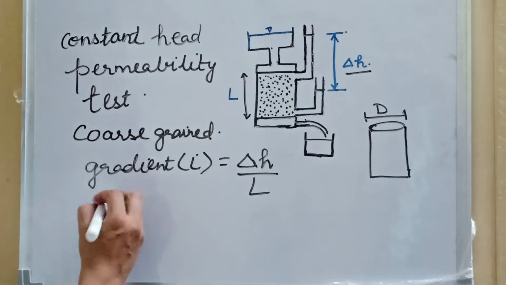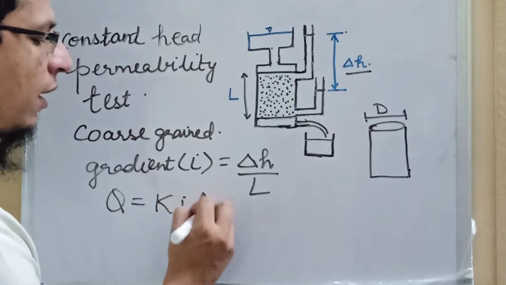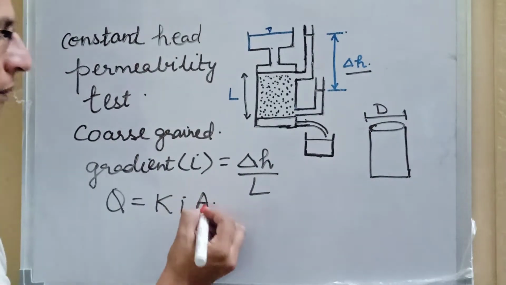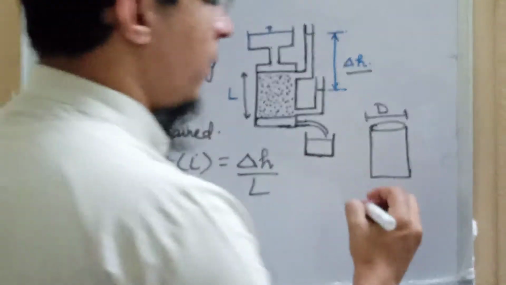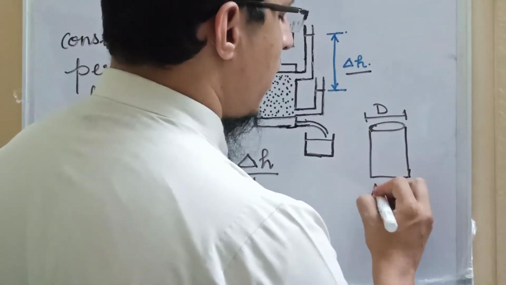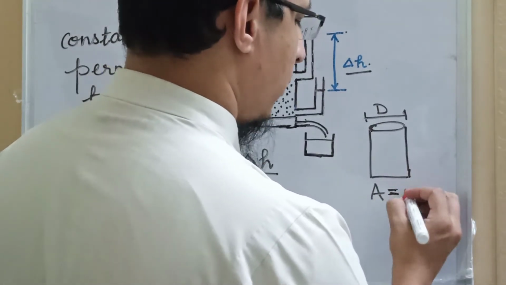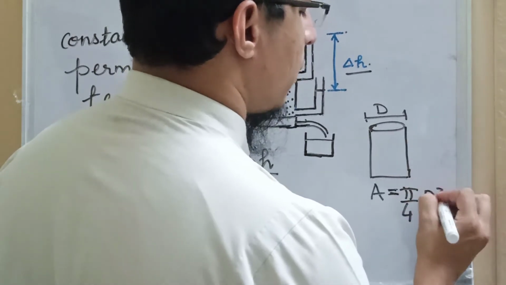And then we can use Darcy's law, which says that Q is equal to KIA, where K is a constant known as the permeability of soil, and A is the area of the mold or the soil sample. This we can find when we have determined the diameter. We can easily find the area as pi by 4 d square.